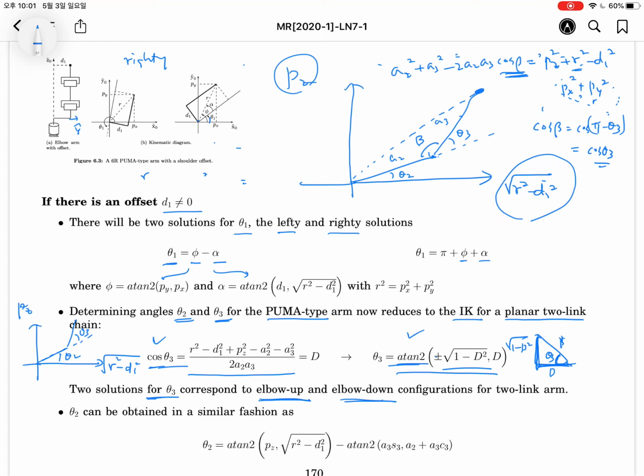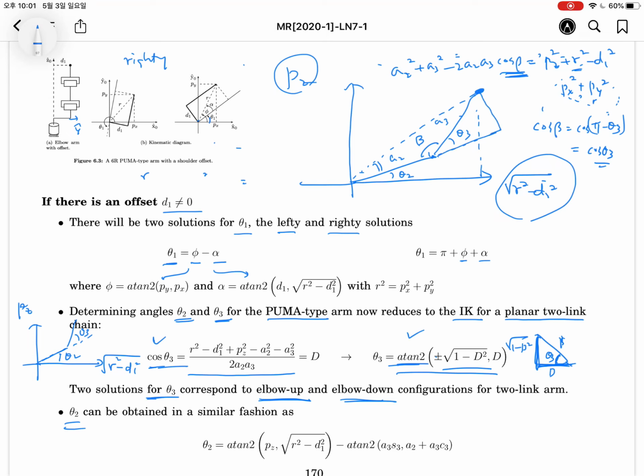In the previous slide, after obtaining this angle, theta 2 is determined using this relationship. But on the other hand, by making another rectangle, maybe this total angle will be pz and the square root of r square minus d1 square. By applying the atan 2, this value will be equal to this angle.